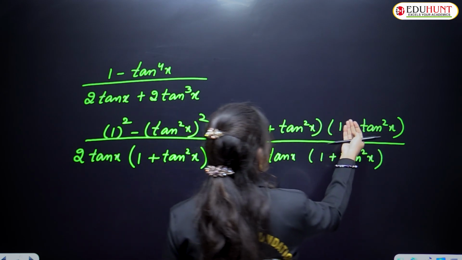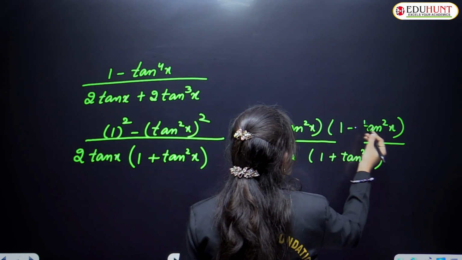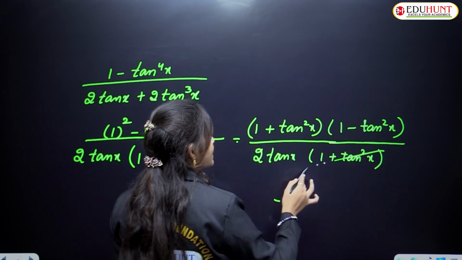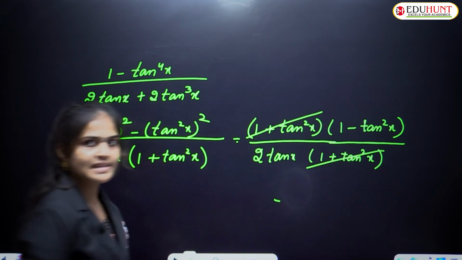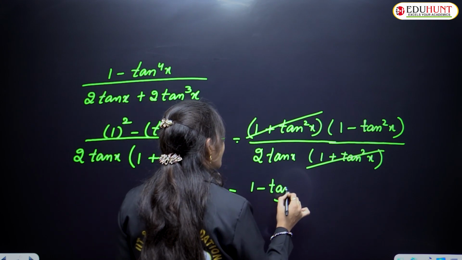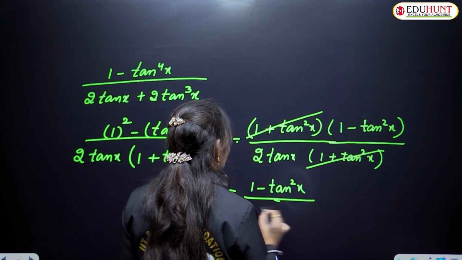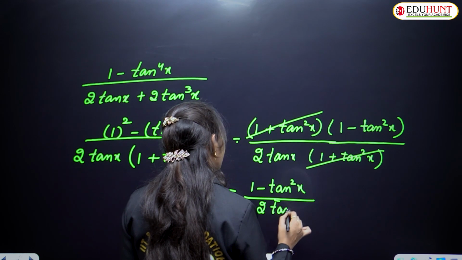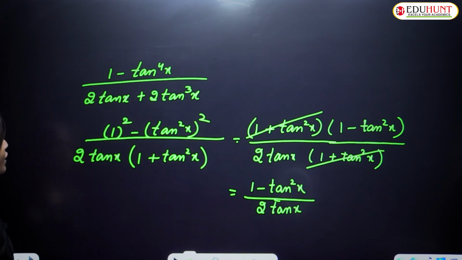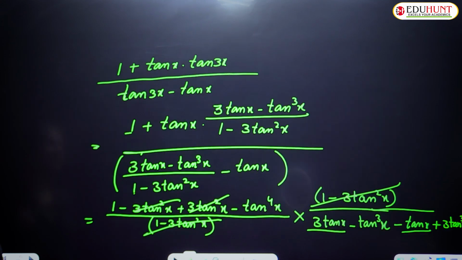Okay, so here 1 plus tan square x, 1 plus tan square x gets cancelled, and this is equal to (1 minus tan square x) by 2 tan x. So that is the formula for that.